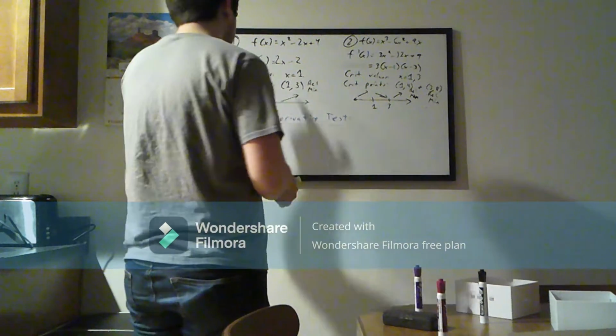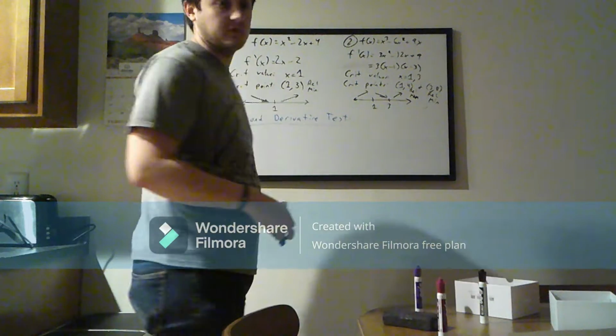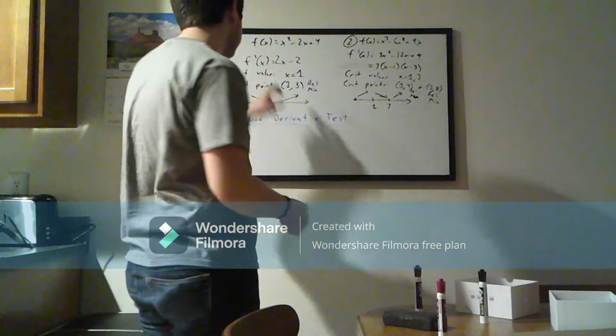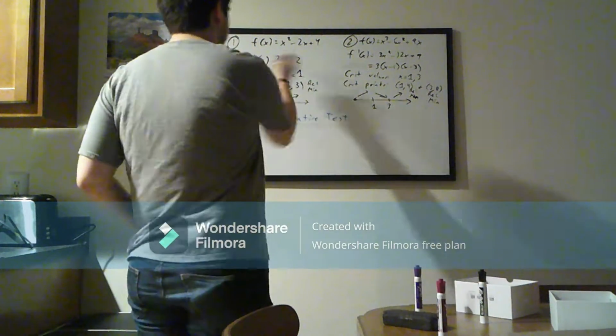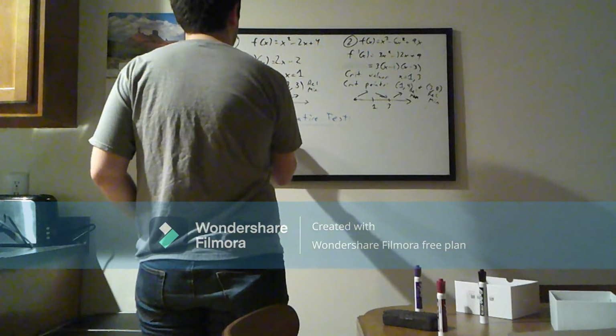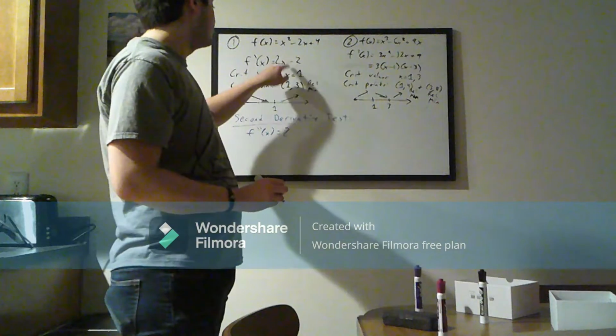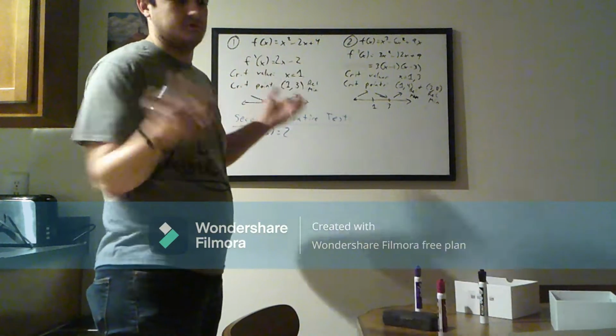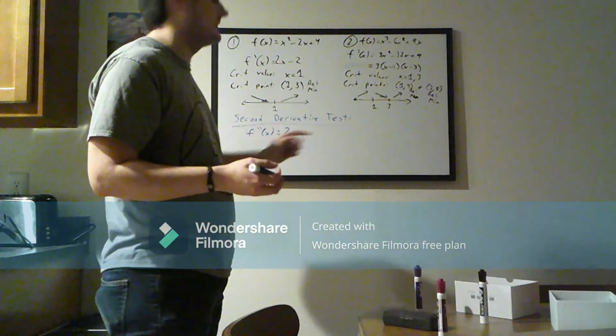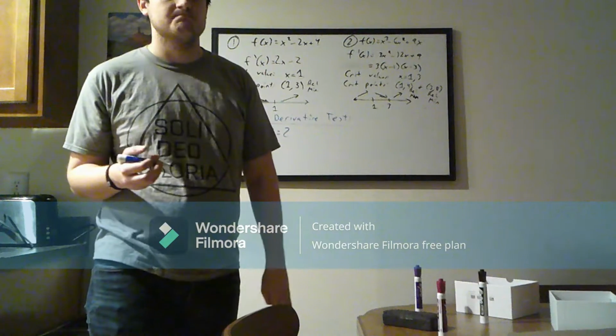So for number 1, what is my second derivative in this case? It's going to be the derivative of 2x, which is 2, and the derivative of negative 2, which is 0. So we just get f double prime of x is 2, right?